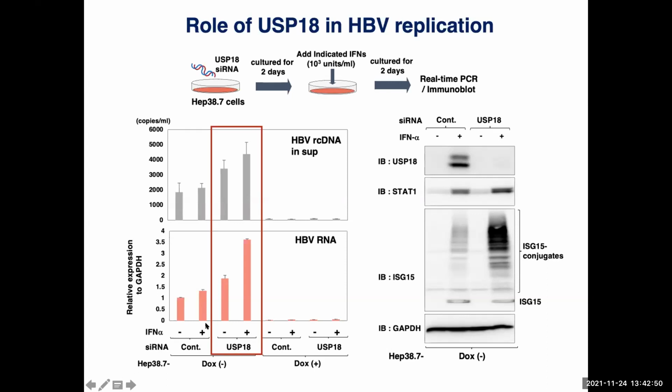And if we knock down USP18, the inhibitor for ISG15 will disappear, so HBV replication was increased. So this suggests that ISG15 is a proviral factor for HBV replication.